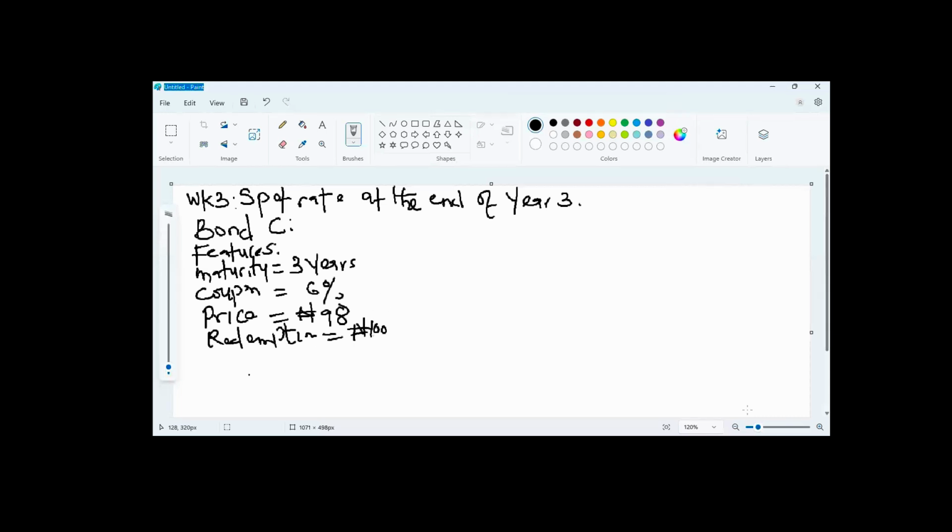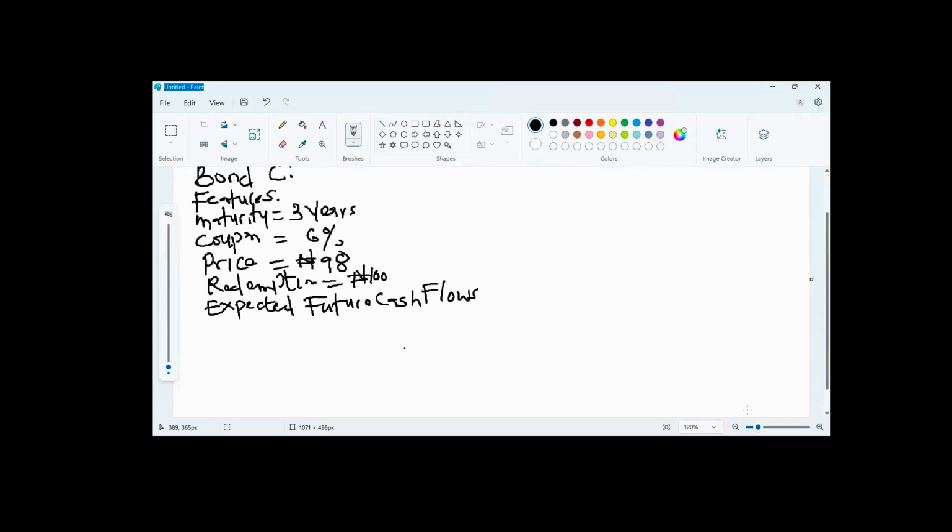Therefore, the expected future cash flows for bond B. Annual interest: 6% of 100 naira face value. That is 6 naira. That will be year 1.